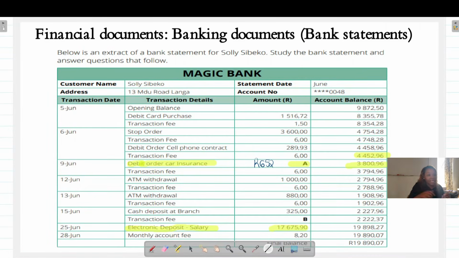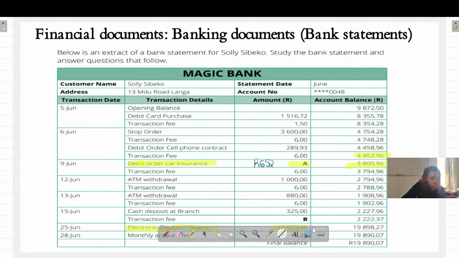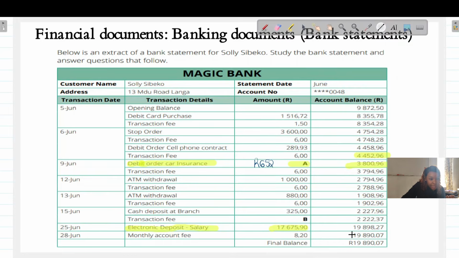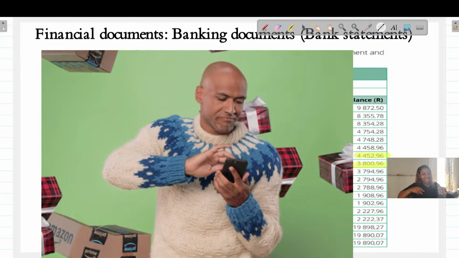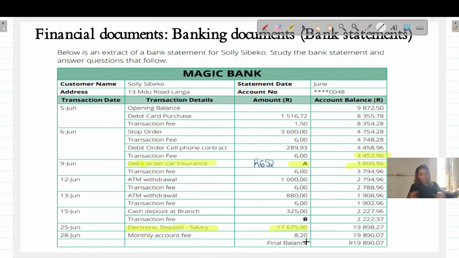Cool stuff. So we see here in Mr. Solly Sibuko's bank statement, this is the amount that he has on the 28th of June. Mr. Solly Sibuko is very money savvy. On the 28th of June, he has 19,890.07 cents. So he's not the type of person that when his salary comes, he's already at Mr. Price buying sports gear.